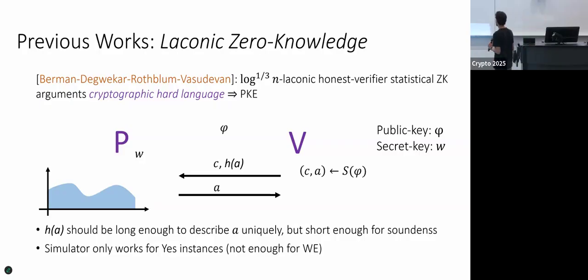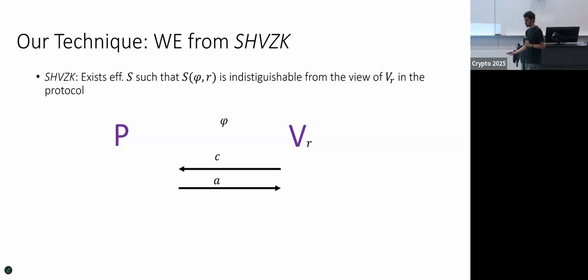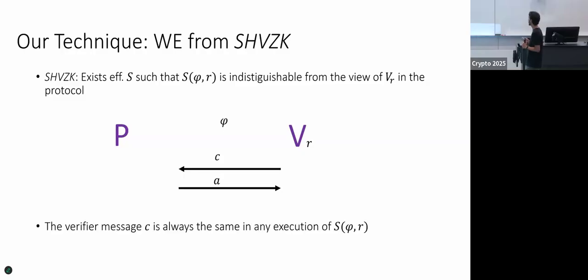So now I will tell you a bit about our approach. Instead of considering statistical zero knowledge, we're considering special honest verifier zero knowledge, which means that we have this strong simulator that gets both the instance and the randomness of the verifier.